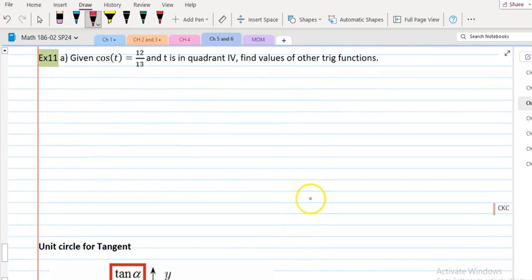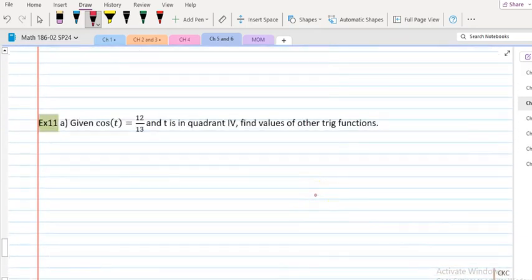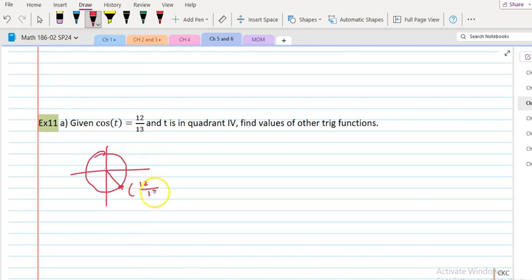Okay, so the last one: someone gives you cosine t equal to 12 over 13, and this angle is in quadrant 4. Somehow we read the point of intersection, x is 12 over 13, but we forgot to read y, so find the trig function values of all the others.